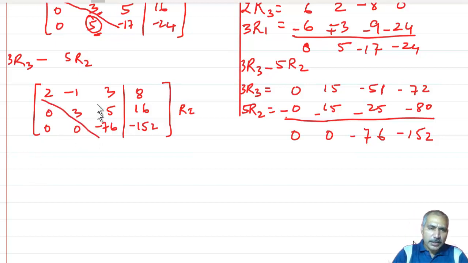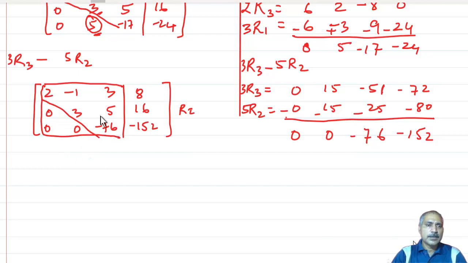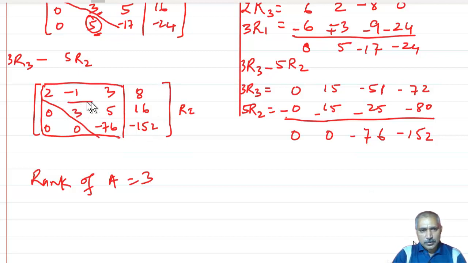Now if you look at the A matrix, that is this part, the rank of this matrix is 3 because the first row is non-zero, the second row is non-zero, the third row is also non-zero. So the rank of A is equal to 3. And if you look at the augmented matrix, that is the full matrix, the first row, from here to here, is non-zero, the second is non-zero, and the third one is also non-zero.